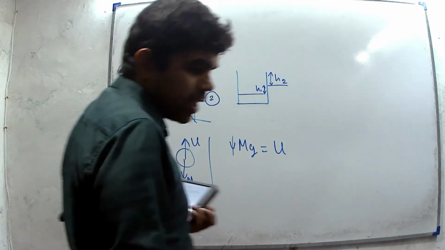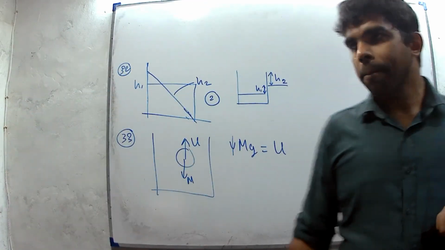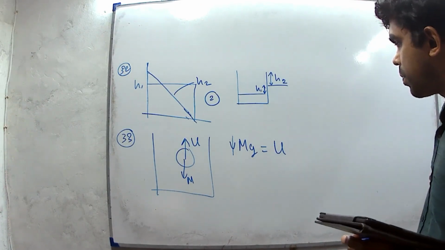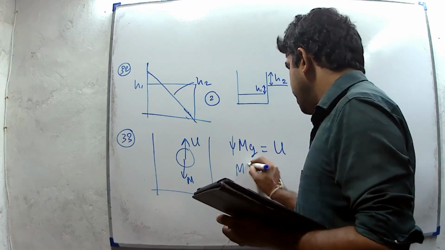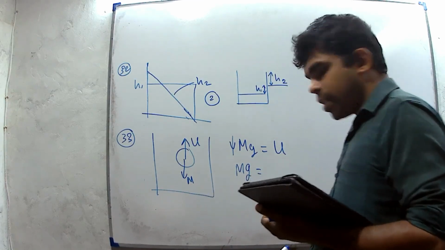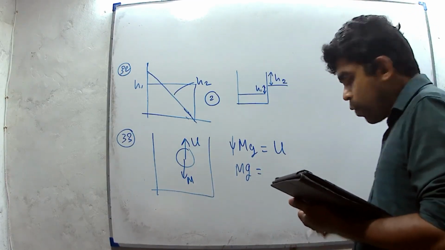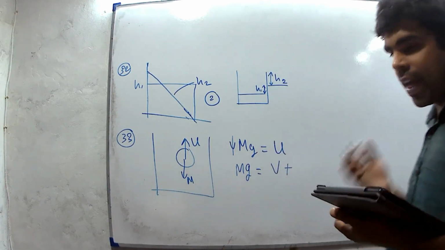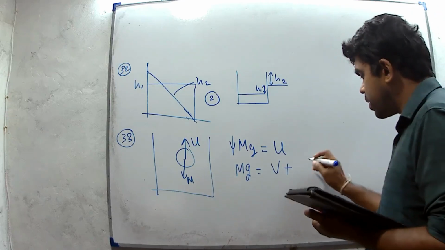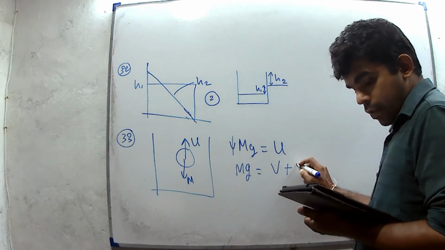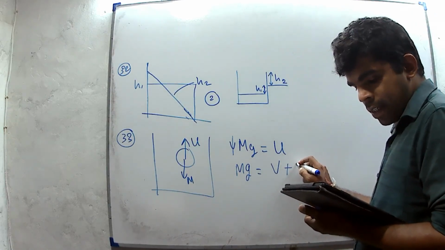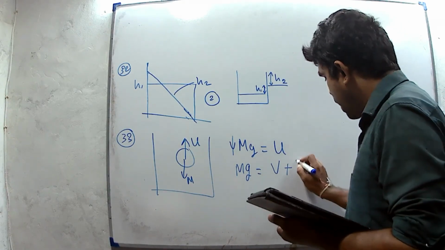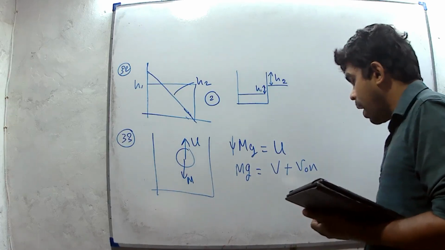We know that it is the floating principle. Mg equals, when getting upthrust, we have to consider the volume of the sphere and the volume of the air bubbles. Volume of one air bubble is V0. Now there are N air bubbles.